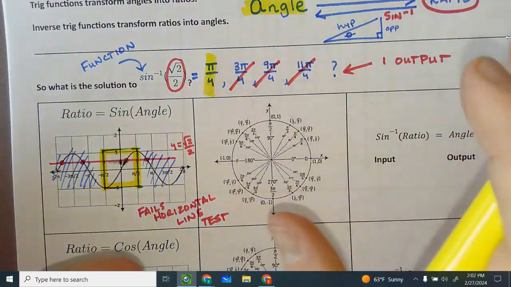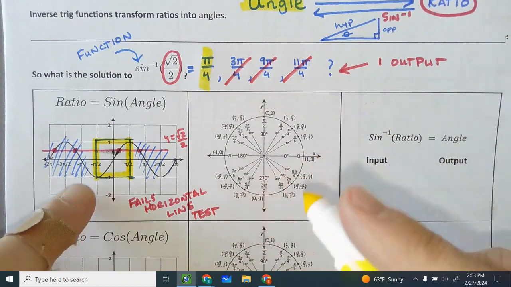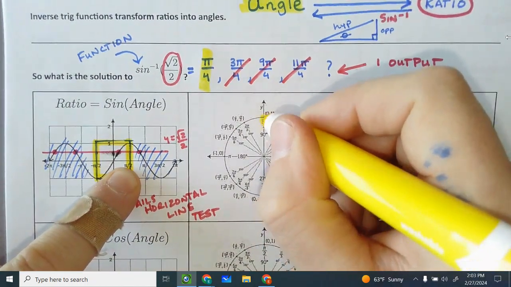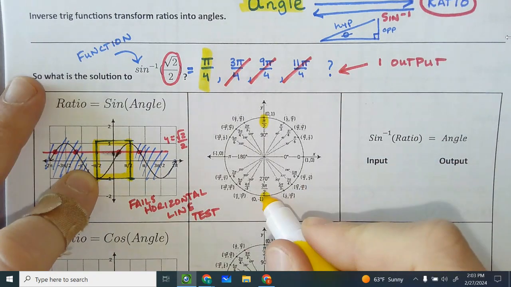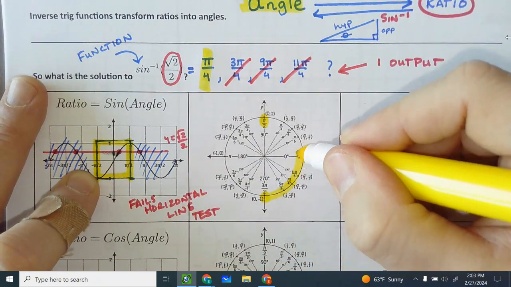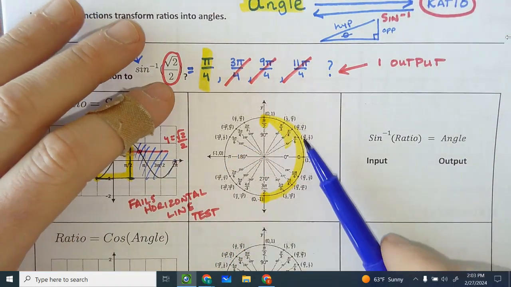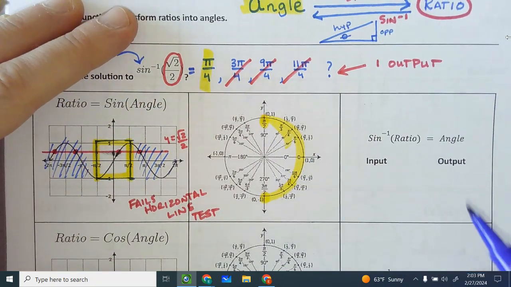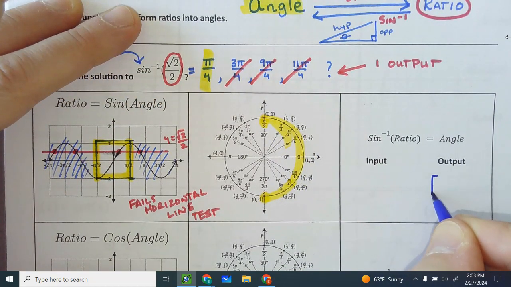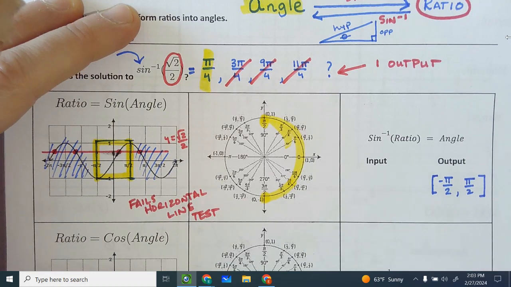All right. So now that we've got that introduction out of the way, let me show you how we're actually going to do this. Pi over 2 is right here on the unit circle. Negative pi over 2 is right here. So anytime you are doing an inverse sine problem, your angle is going to be somewhere on this side, which means your output, your answer, is going to be somewhere between negative pi over 2 and pi over 2.